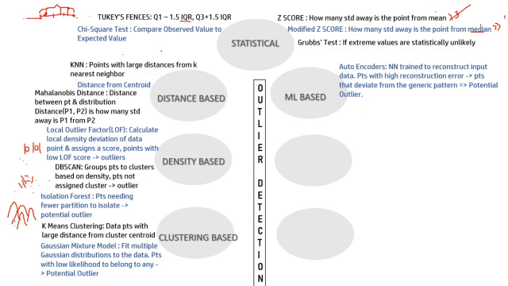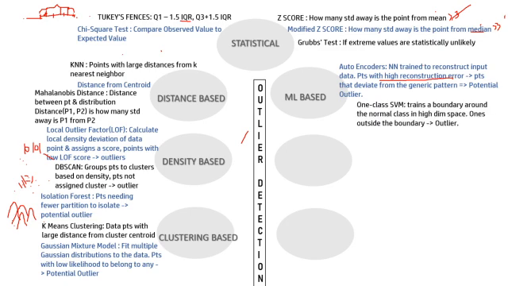So there will be some error because, of course, it will not totally understand the distribution, but the points which are outliers will have a high error, which is also known as a reconstruction error. This will have a high reconstruction error, and that is because the points deviate from the general pattern. So those points will be your potential outliers.